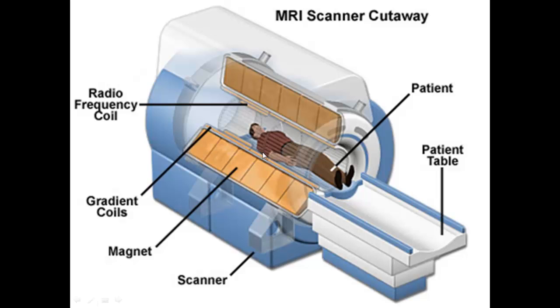And so what will happen is those ones will be excited, they'll drop back down, and they'll re-emit radio photons. None of the other hydrogen nuclei can be excited in this way because the magnetic field we've adjusted using these gradient coils to be slightly different at that point. So the radio frequency photons that we fire cannot excite the hydrogen nuclei anywhere else, only the hydrogen nuclei in that particular region. And then we use the information from these re-emitted radio photons to reconstruct an image of that particular part of the person.